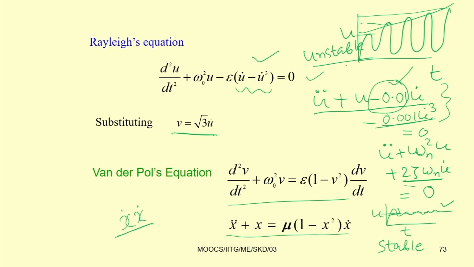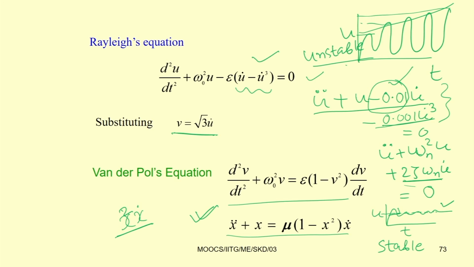Here you had a cubic damping nonlinearity, but now you have an x square into x dot type of nonlinearity present in the system. This type of equation is commonly known as van der Pol's equation. In case of van der Pol's equation, we will see that the response always gives rise to a limit cycle. Later we will study what we mean by limit cycle.